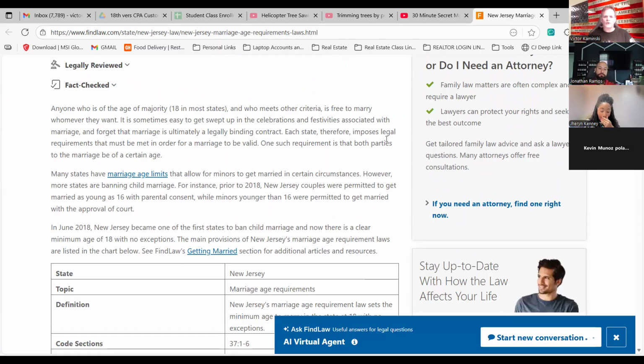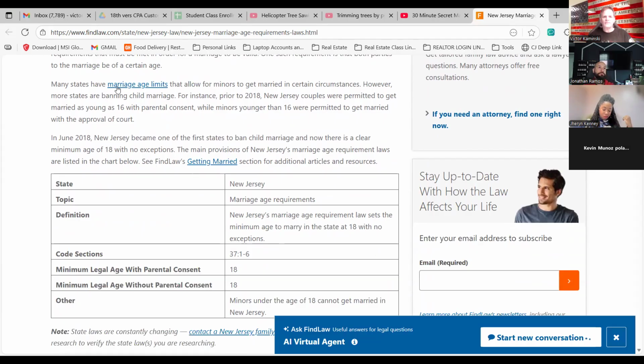And each state, therefore, imposes legal requirements that must be met in order for marriage to be valid. One such requirement is that both parties are a minimum age to be married. So many states have marriage age limits that allow minors to get married in certain circumstances.